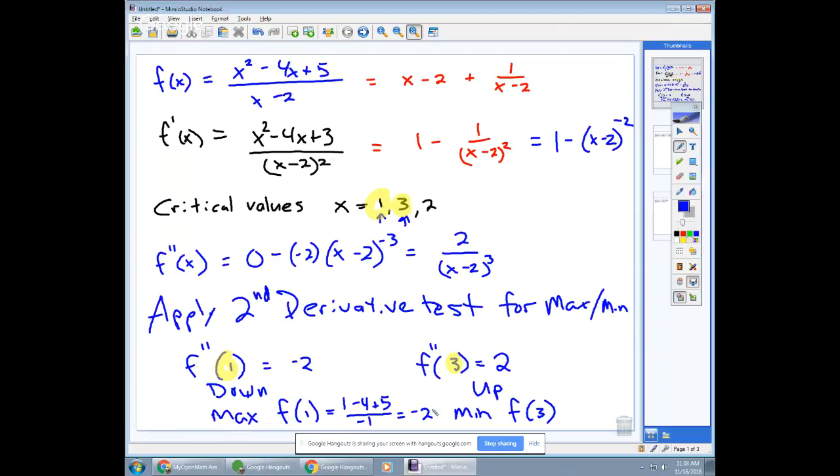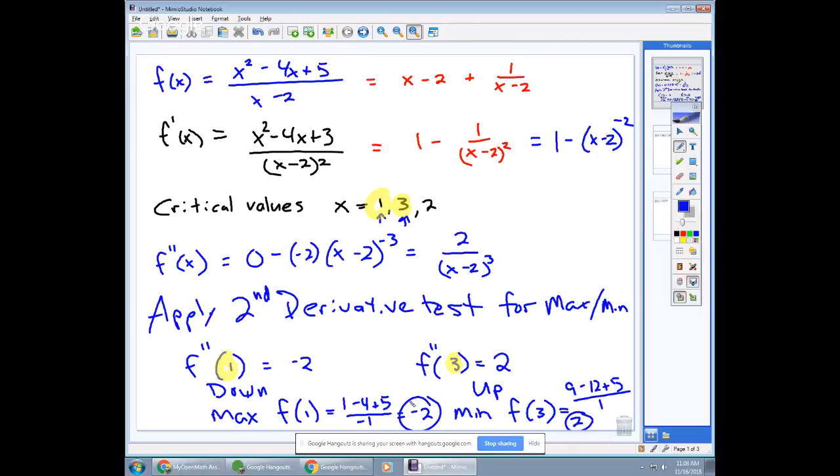So the relative max of the function is y equals negative 2. As far as the min is concerned, we've got to plug in 3. So what are we going to get? 9 minus 12 plus 5 over 1. What's that come out to? 2? Yeah. Wow, look, another coincidence. So that equals 2.